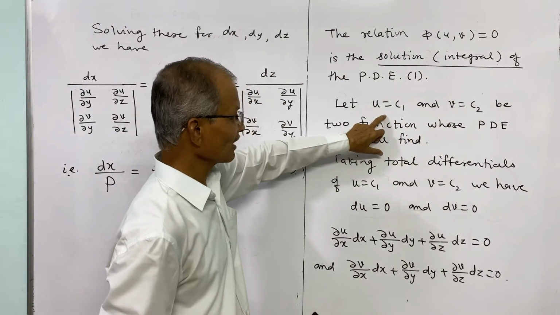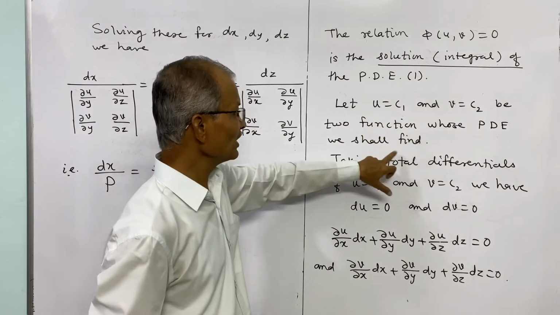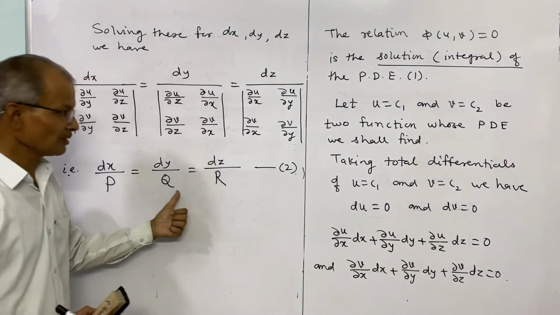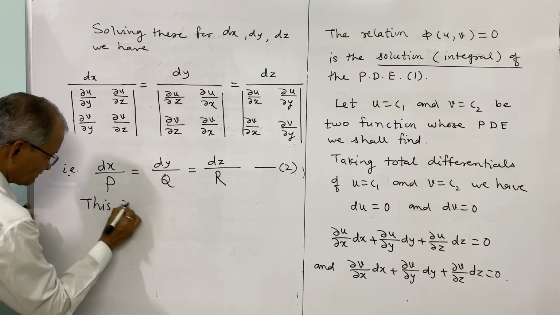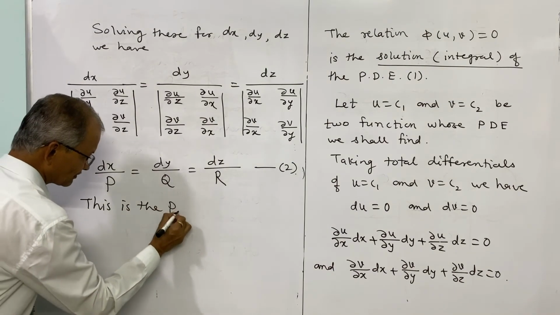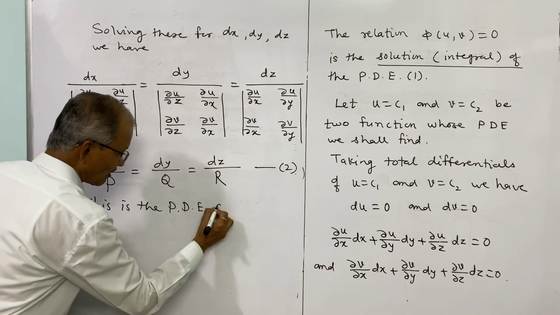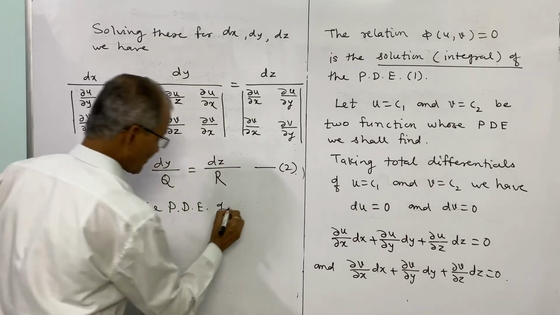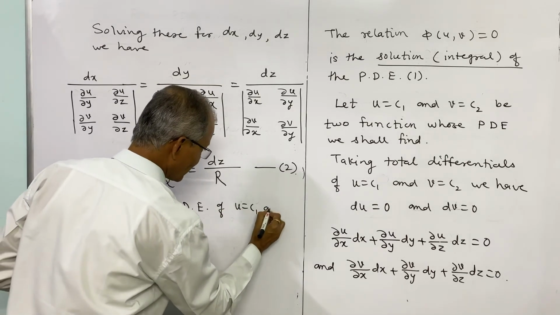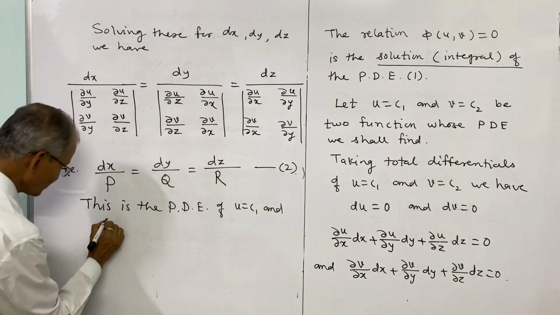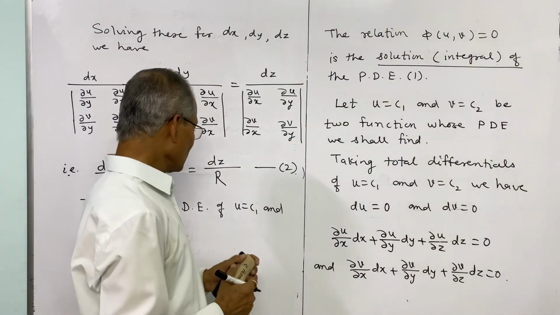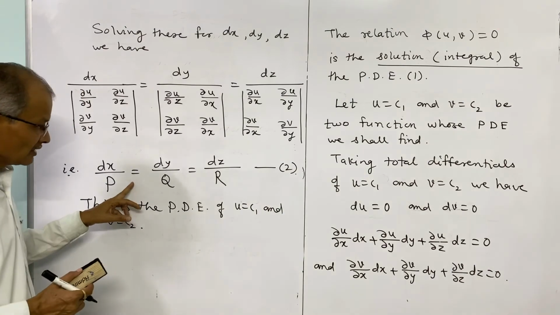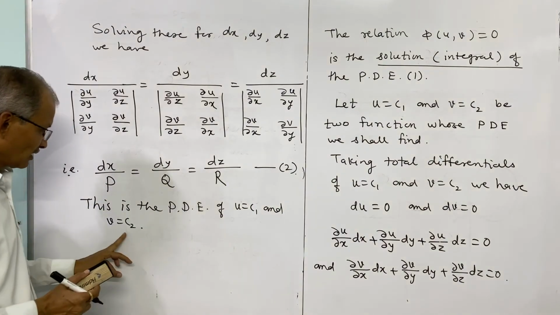What we have written here are the two functions whose PDE we shall find out, and this is the PDE of u = c1 and v = c2.